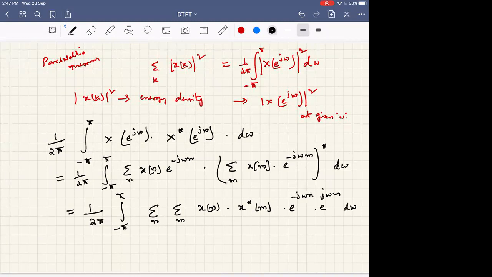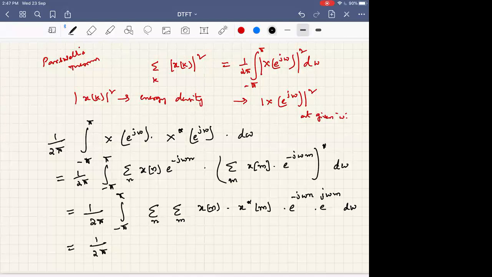Please see, I have written the star also, so I just mixed them. The integral is over which variable?